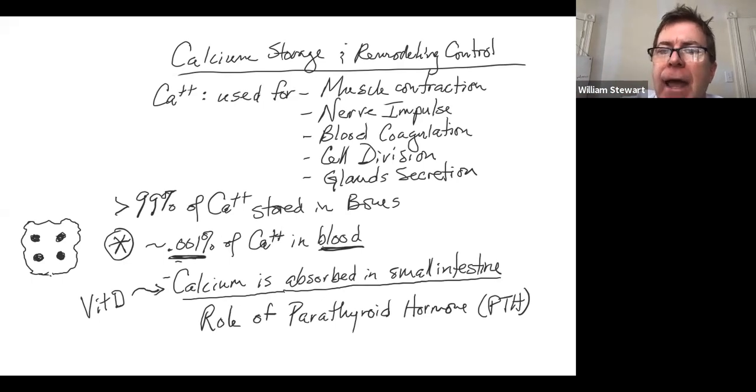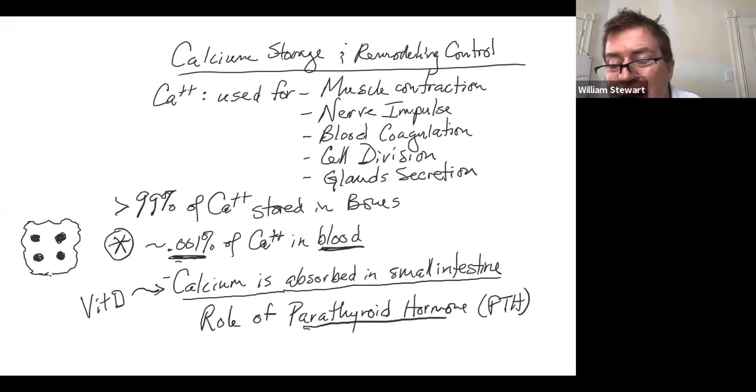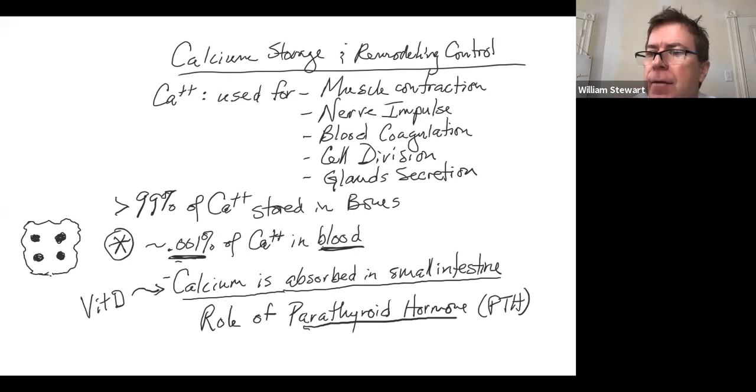It's these glands that secrete this hormone, okay? We're going to talk about why that hormone is secreted and what it does when it is secreted.